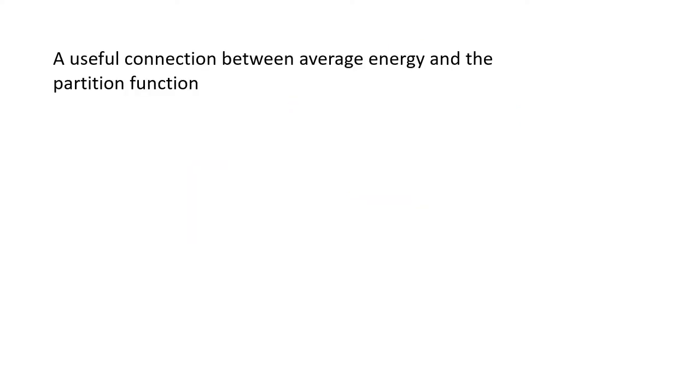So let's write down that derivative. So we have the partition function is the sum over all states of e to the minus beta times the energy of that state.